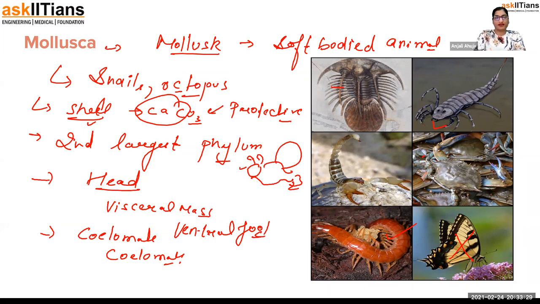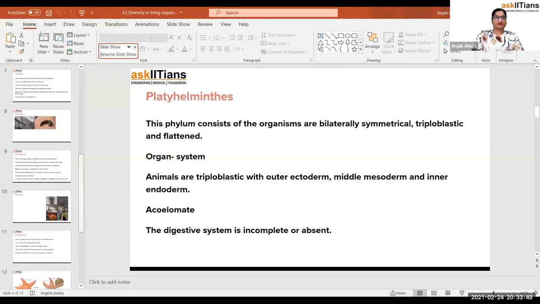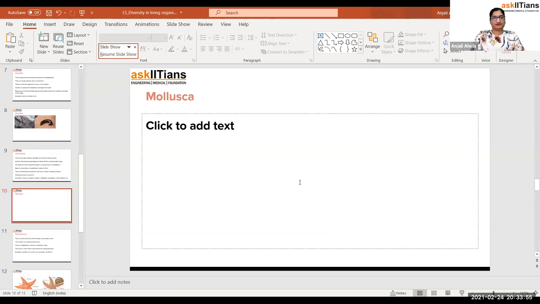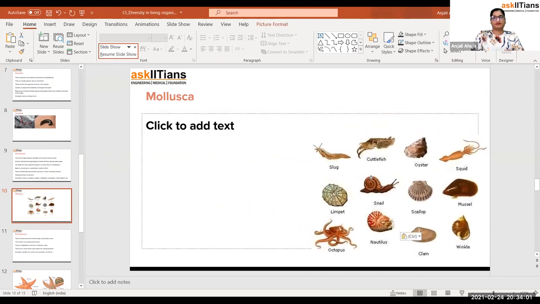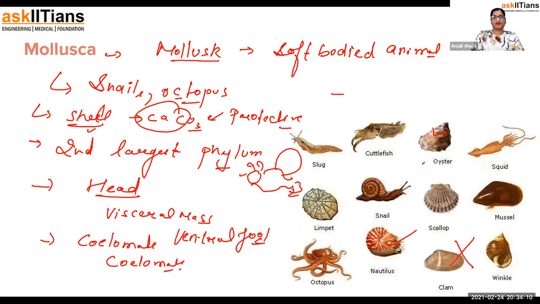Let me show you mollusk examples. I suppose you're able to see it now.